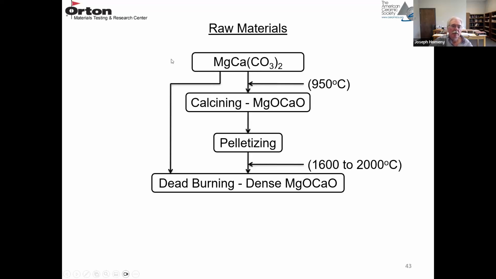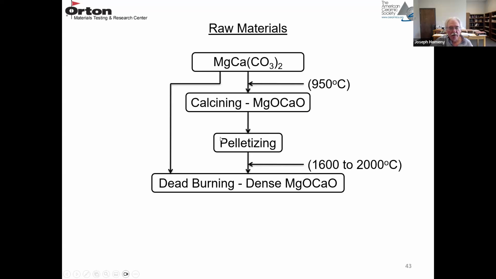So for the raw material dolomite, you can calcine it at 950 degrees C, remove the CO2. You have MgO, CaO. You can take those powders, press them into pellets, and dead burn it, or you can take the carbonate and dead burn it directly.